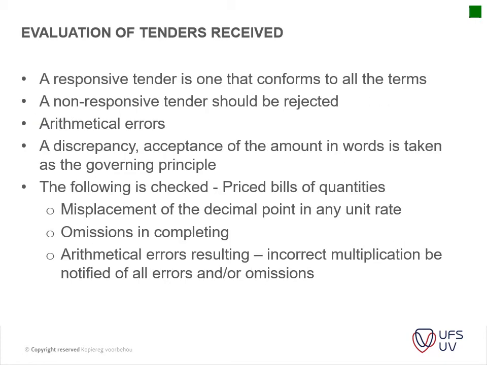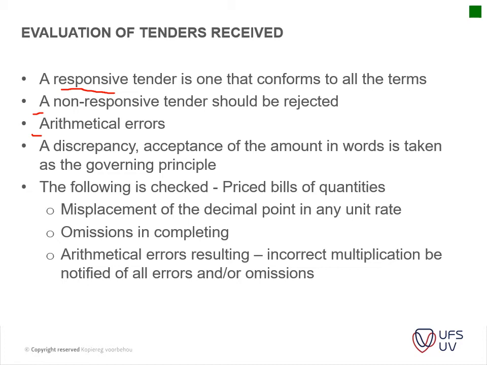Okay, so evaluation of the tenders received continued. The responsive tender is one that conforms to all the terms. So the term responsive is the one that goes forward. Non-responsive tenders should be rejected. If there are arithmetical errors, it should be rejected as well. Discrepancies, acceptance of the amounts in words taken.